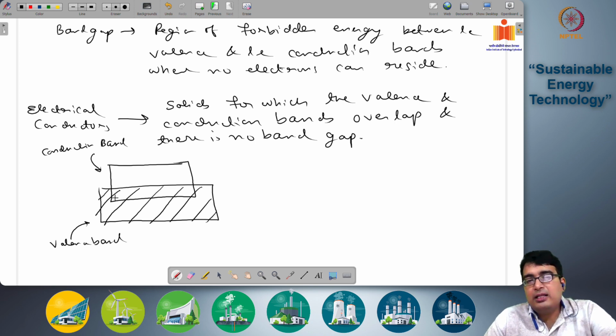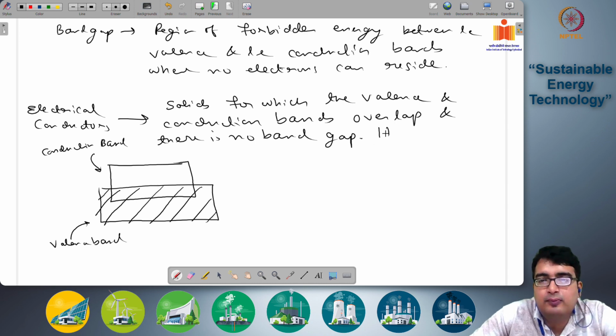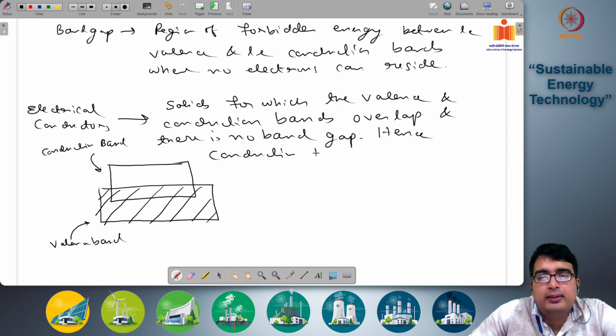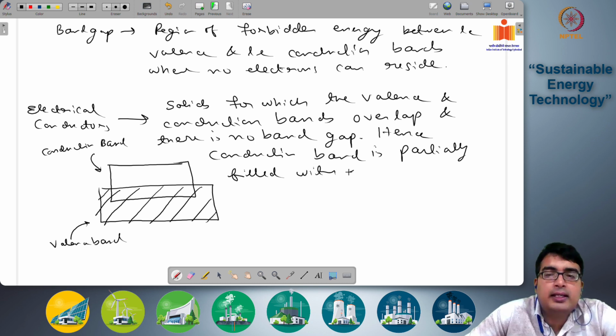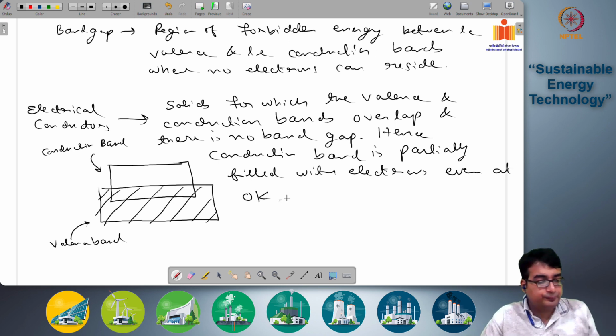But here, because they are overlapping in energy levels, part of the electrons in the valence band can easily move into the conduction band and partially fill it. Hence, the conduction band is partially filled with electrons even at 0 Kelvin.